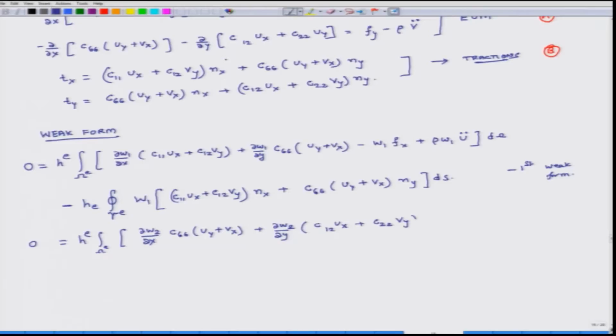C22 Vy minus W2 Fy plus rho W2 second derivative of V in time, integrated over the domain. To be a little clearer, because I am in Cartesian frame of reference, this d omega is nothing but dx dy, and then I have a boundary term.